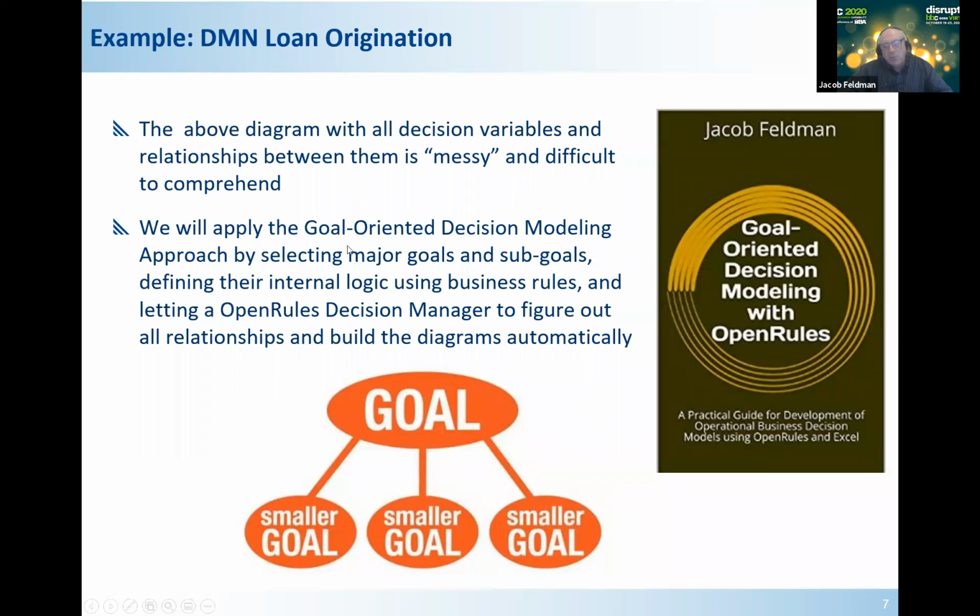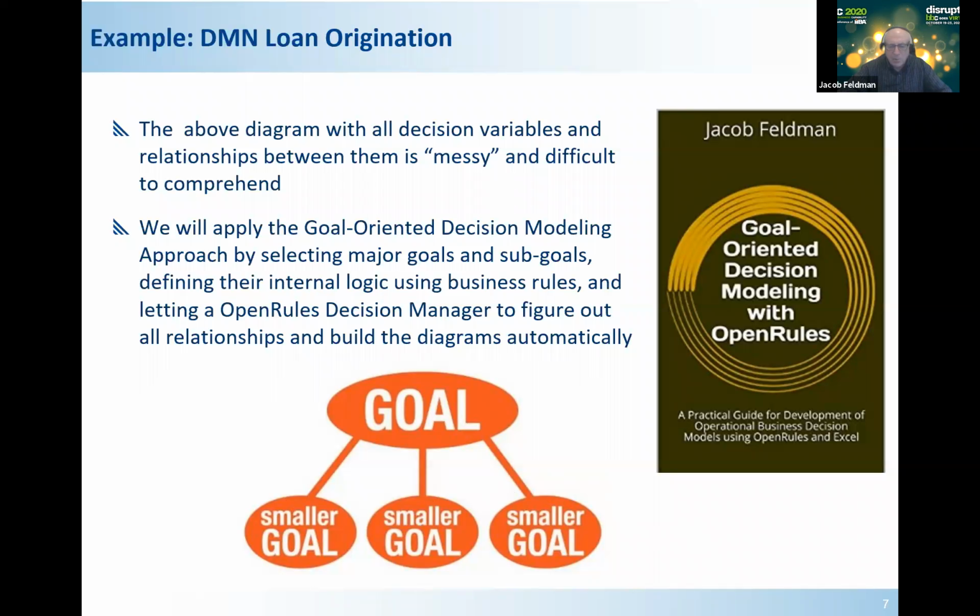Usually our customers apply the so-called goal-oriented decision modeling approach described in this Amazon book. The idea is very simple. You specify high-level goals, and each goal has probably several sub-goals. For each of them, you define their own business logic in the form of a decision model, and usually it's just a set of business rules. And these sub-goals can have even smaller sub-goals, but this goal-oriented approach drives our decision model development.